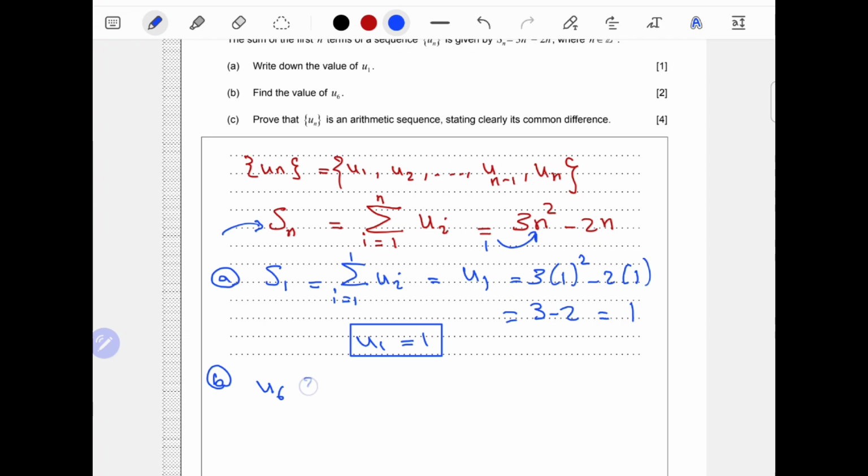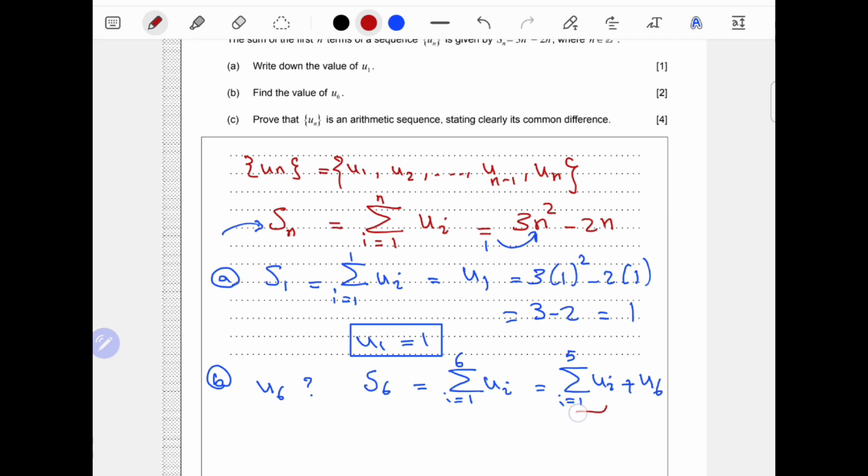So how do I find u6? So notice that if I have S6, I can write it as the sum from i equal to 1 to 6 of u_i, which is equal to the sum from i equal to 1 to 5 of u_i plus u6.